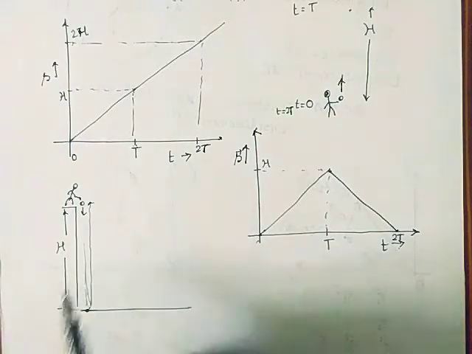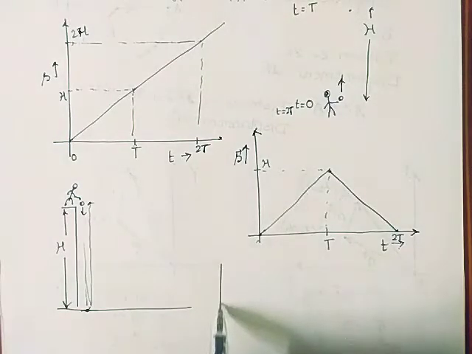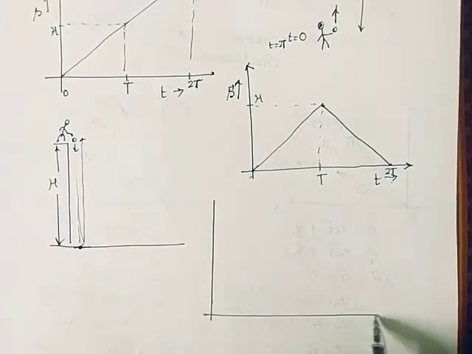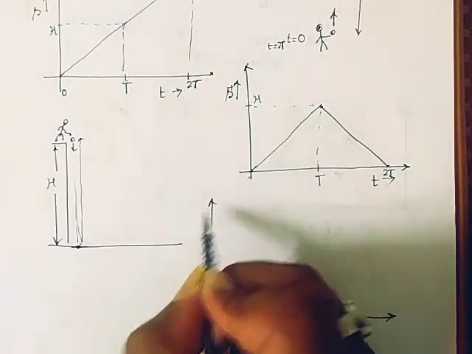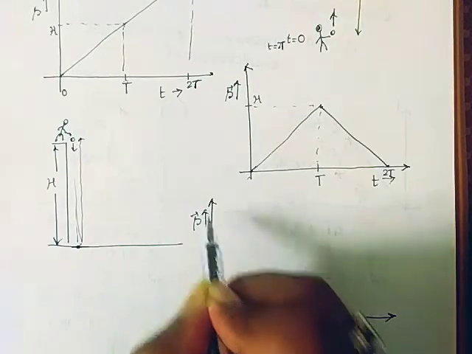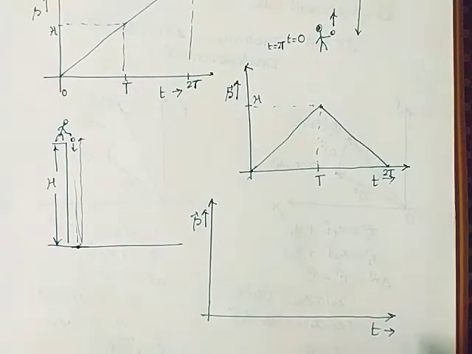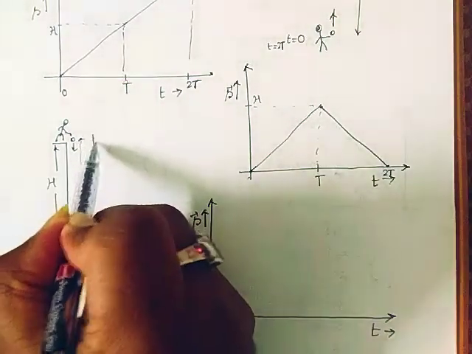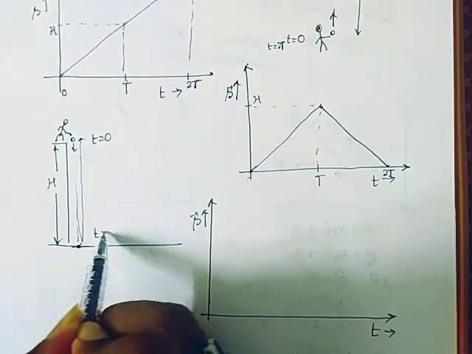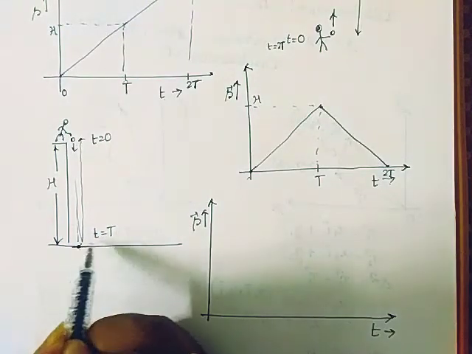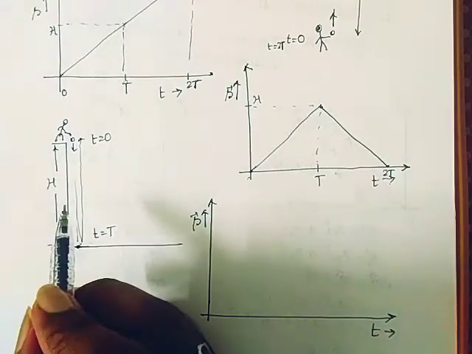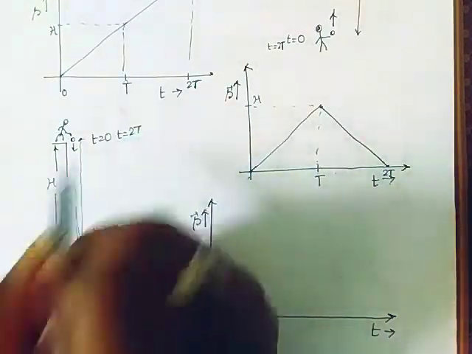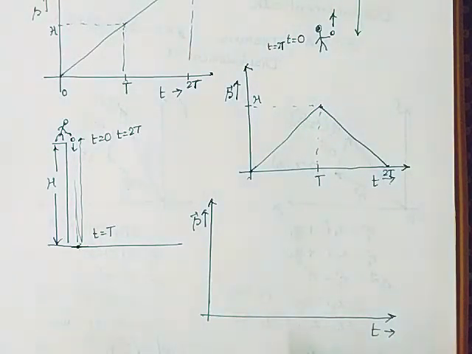But if I want to find the displacement versus time, just see, in coming downward, if t equal to 0, it is here. If t equal to T, it just strikes the ground, and since the collision is elastic, no energy is lost, so at t equal to 2T, it will be again at the same height.